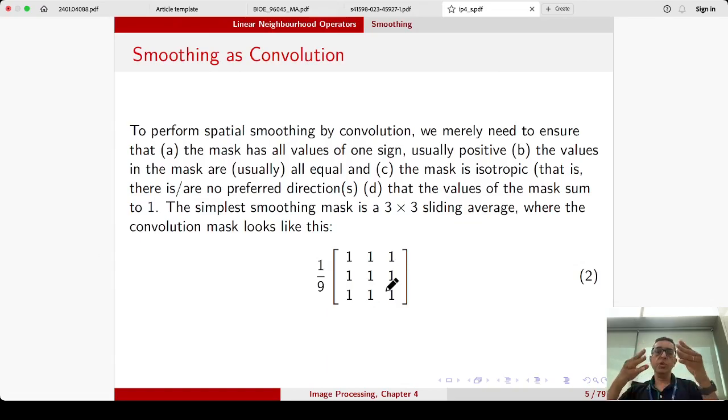But for those of you who've met ideal filters in the past, what we get is a sinc function as the frequency domain magnitude response for this convolution mask. So it's got a main lobe, and then it's got all these bumps.